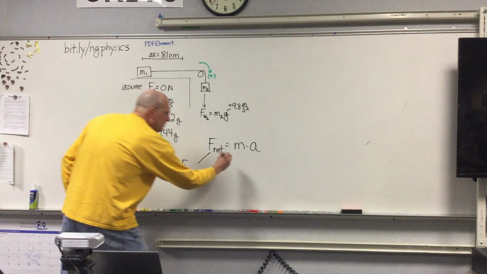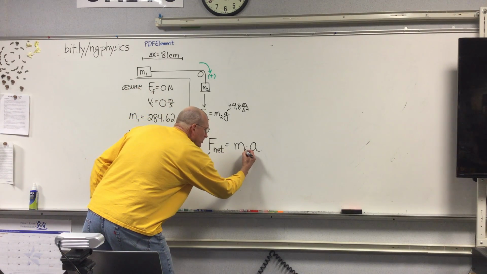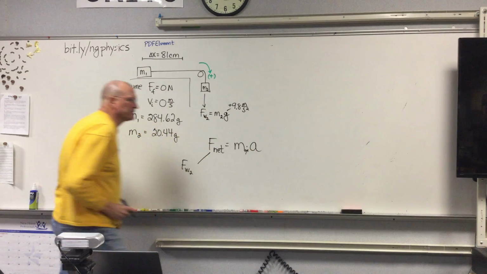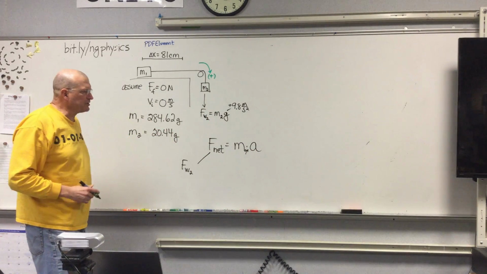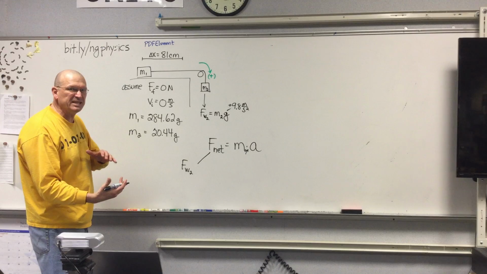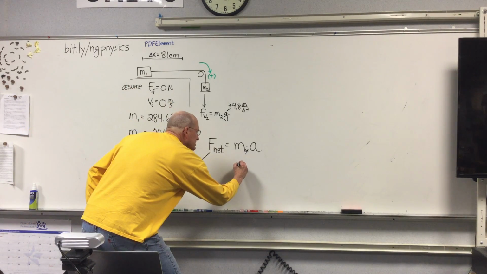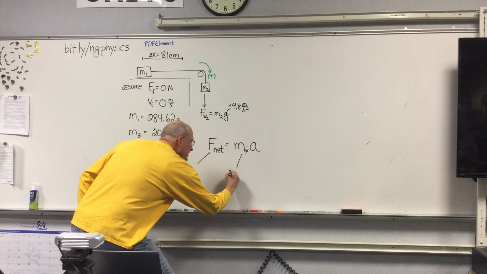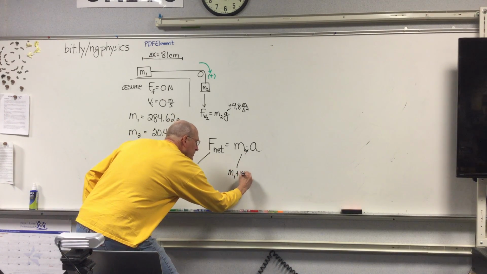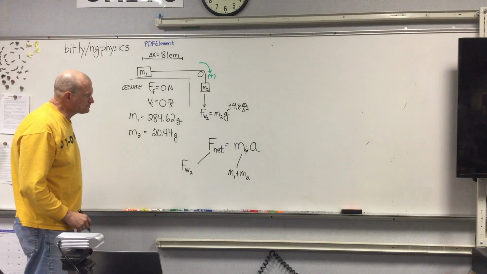And the m, technically, because we have multiple objects that are moving together, we would refer to as m sub sys, and the sub sys refers to the system, and this would simply be M1 plus M2.